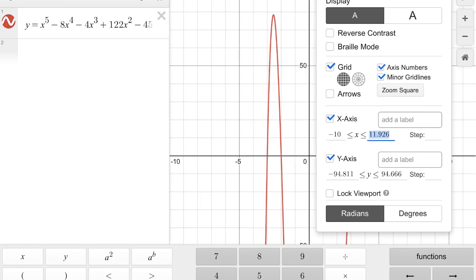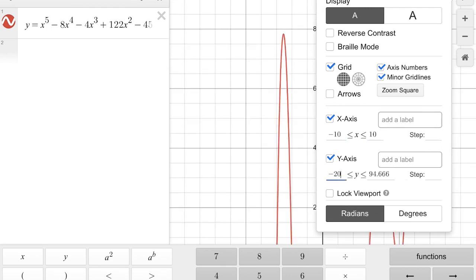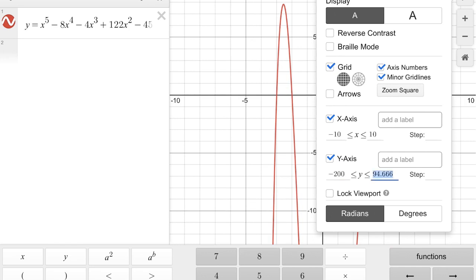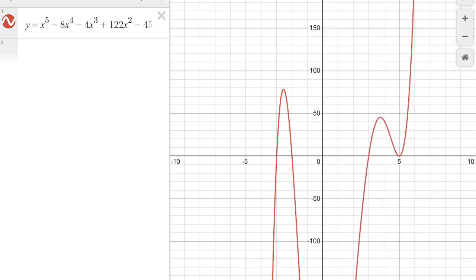We've said this a few times that negative 10 to 10 is where you're going to find most of your answers. The y window quite possibly might need to be a little bit bigger. So I'm going to go ahead and pull out to negative 200 to 200 for my y window. It just helps to get a better perspective on the graph.